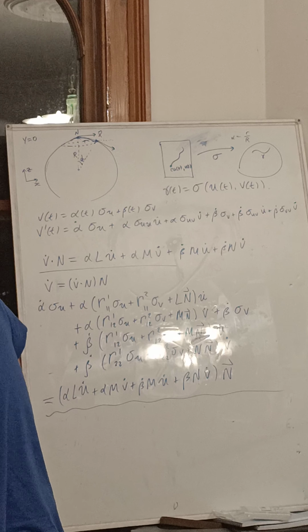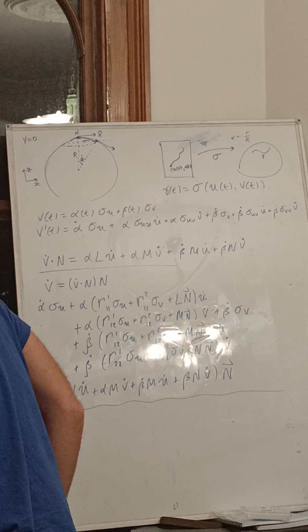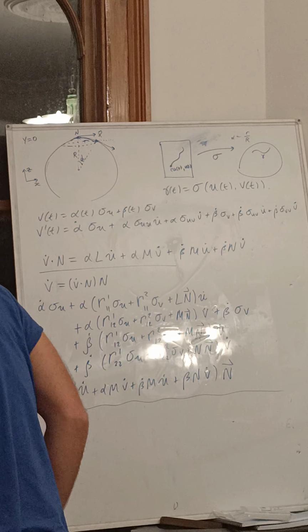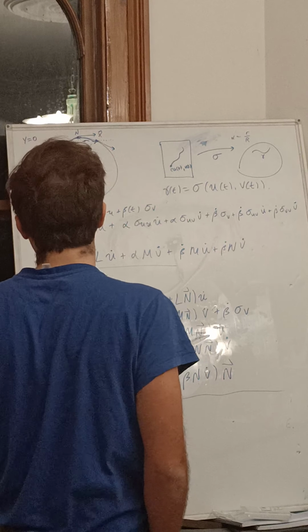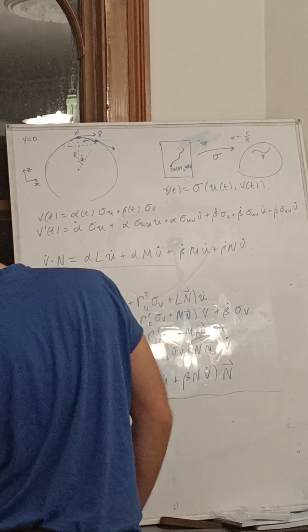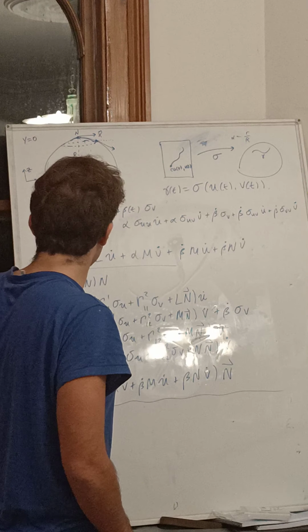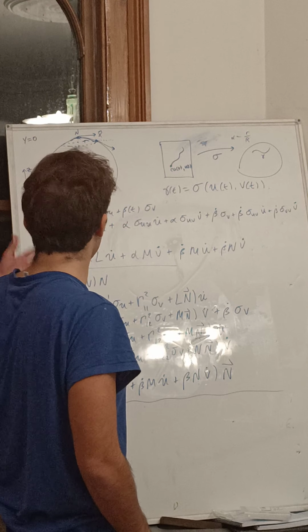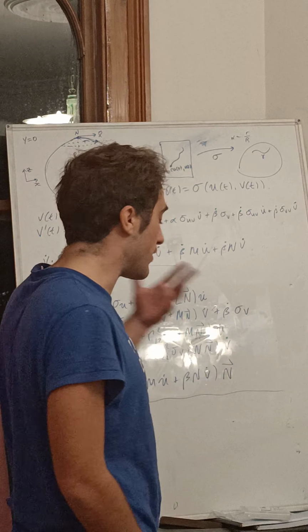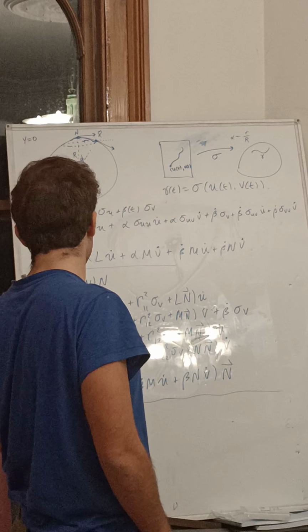Okay, so there is something that does simplify our life massively. We need v dot to be parallel to n, because again we're enforcing this condition, and you can show that v is parallel along gamma if and only if v dot is parallel to n.